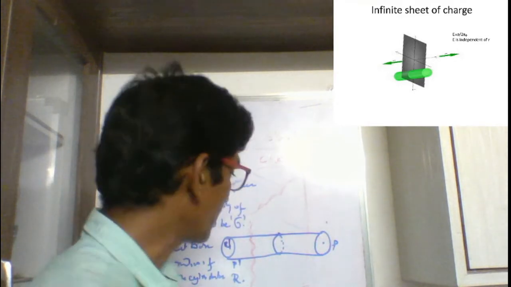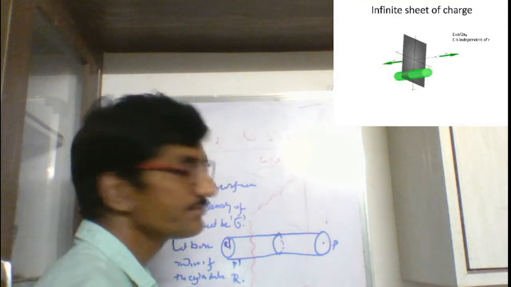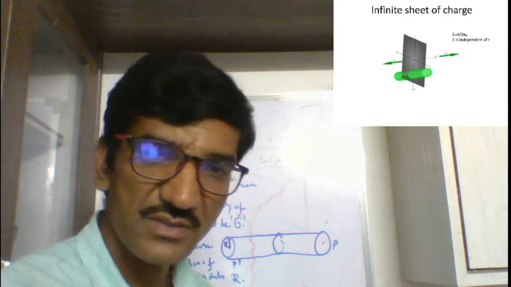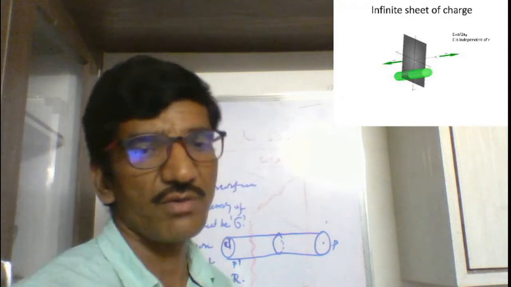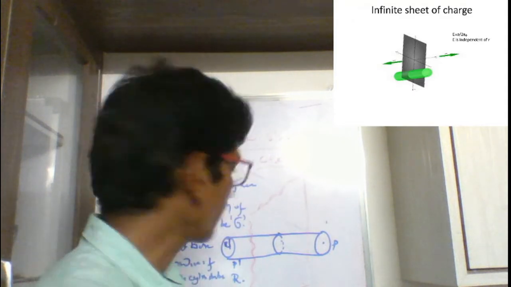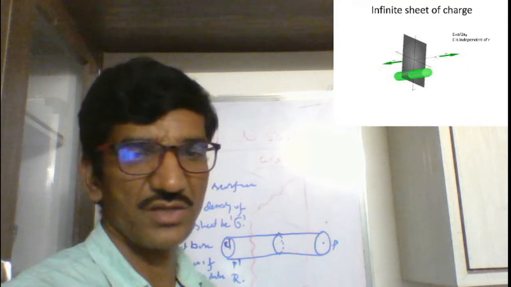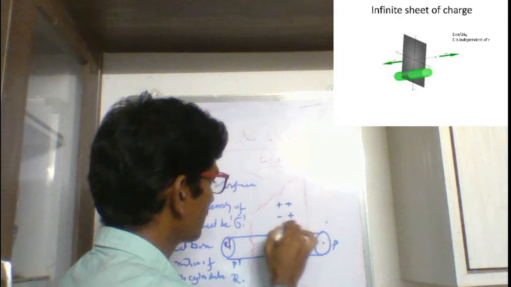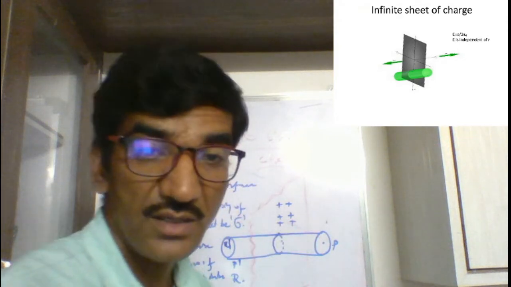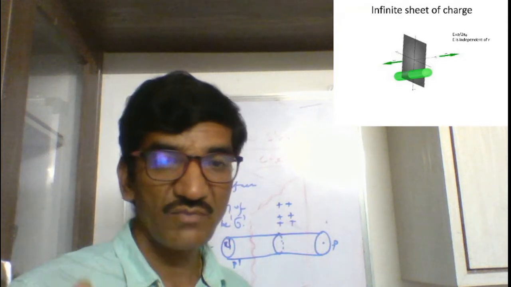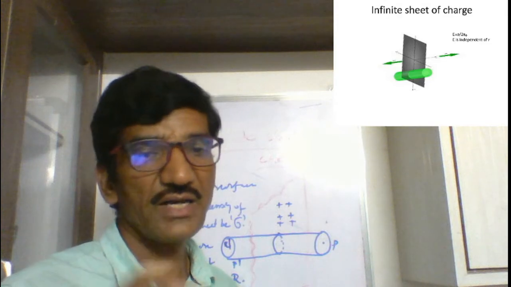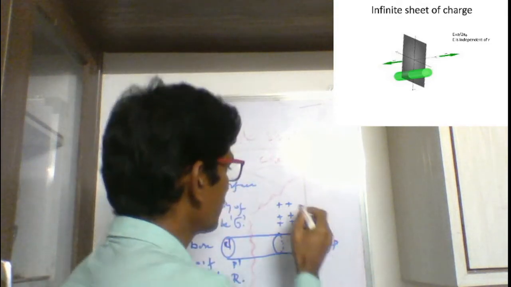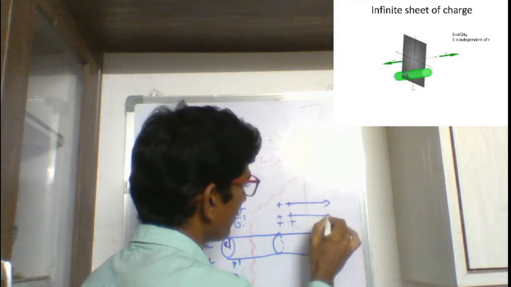Here sigma is the distribution of a positive charge. Even though I am not mentioning it here, it is a positive charge distribution. You may put pluses on this plate like this. Then what will be the direction of the field? Field lines will emerge from this plate to both left and right sides.